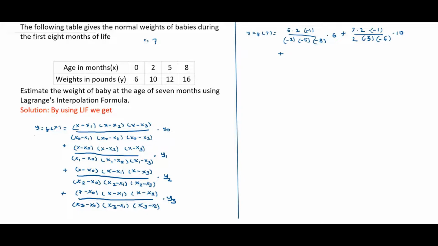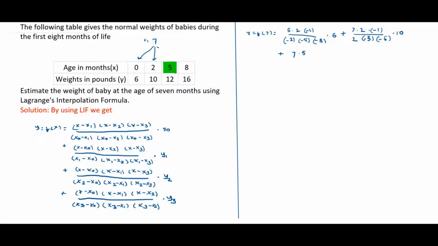Now you can close the third value of x, and the third value of x is 5. You can close this 5. Then 7 minus 0. 7 minus 0 is 7. 7 minus 2 is equal to 5.